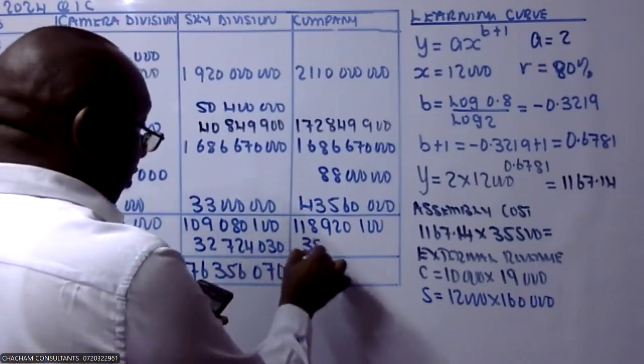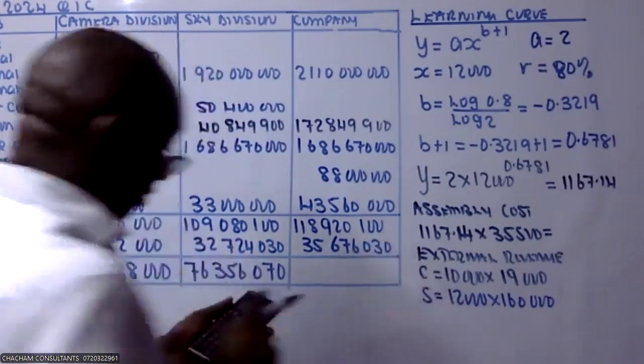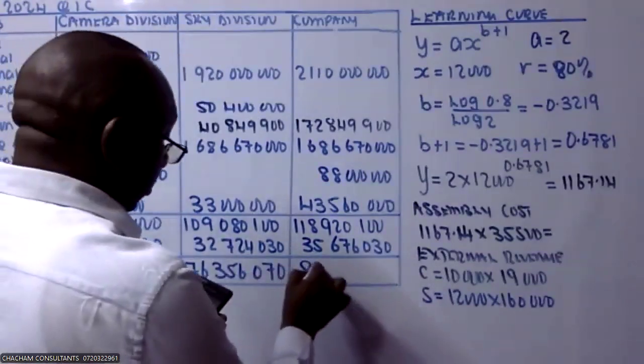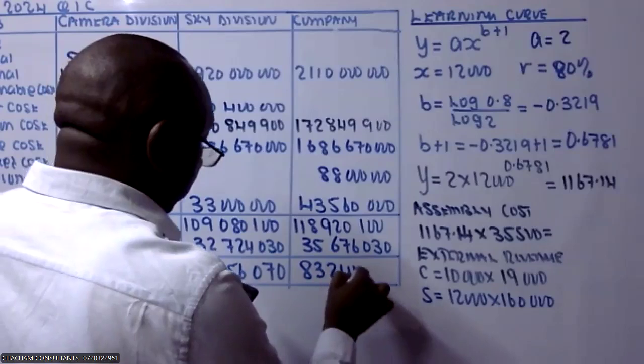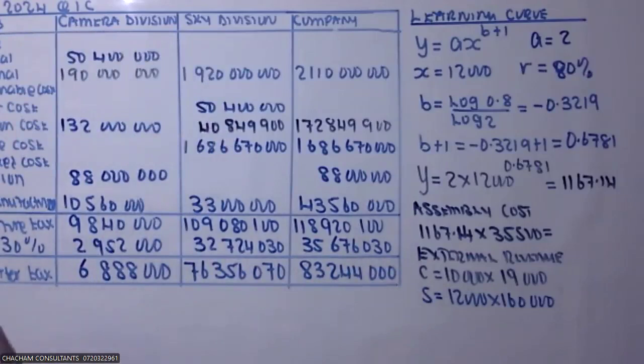So this one, when you tax, you get 35,676,030. Are we okay with that?